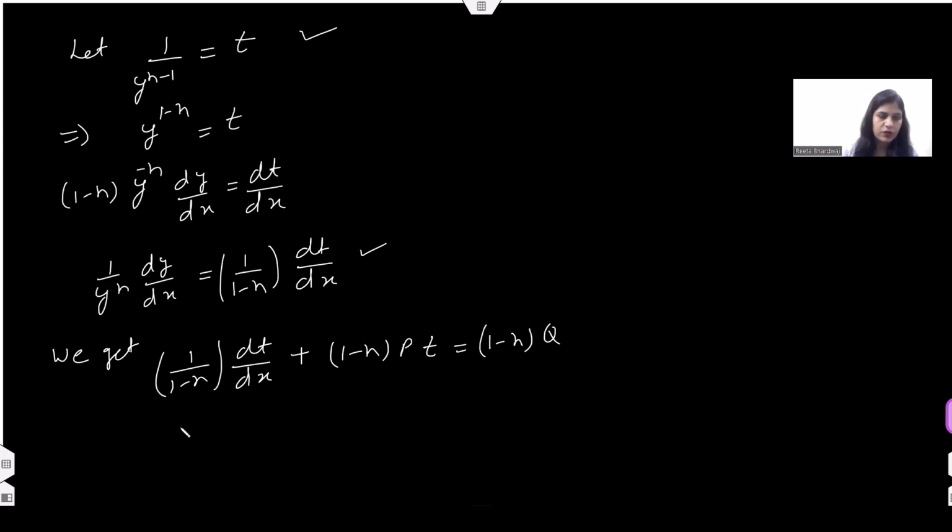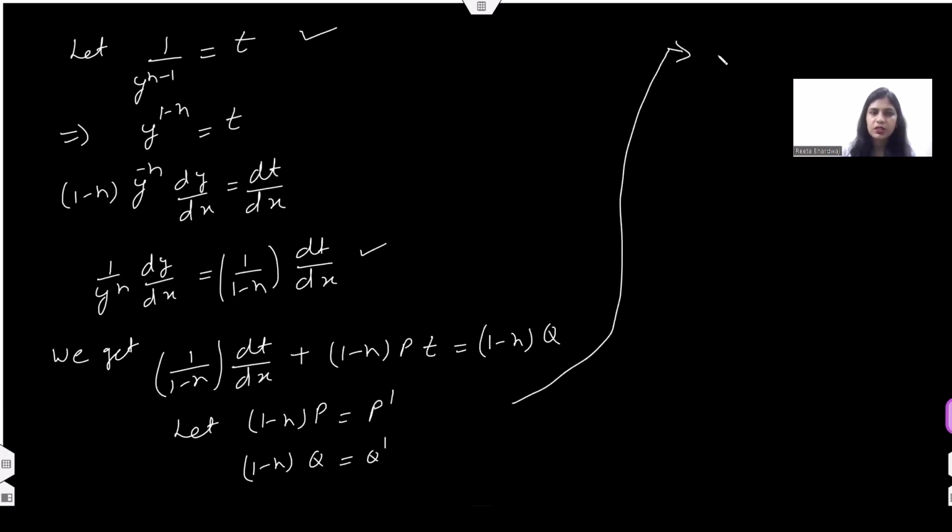If we assume this 1 minus n into p as p dash and this 1 minus n q as q dash, what do we get?